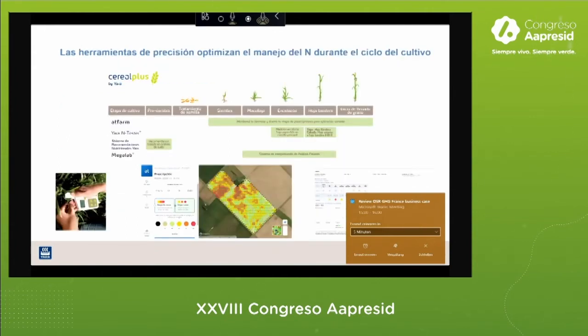So the other thing that is very important in order to increase the nitrogen use efficiency up to a level that is comparable to what I've shown for the trials, so 80-90%, is precision farming. That means optimizing the nitrogen management during the crop cycle. And here we have different options to offer.